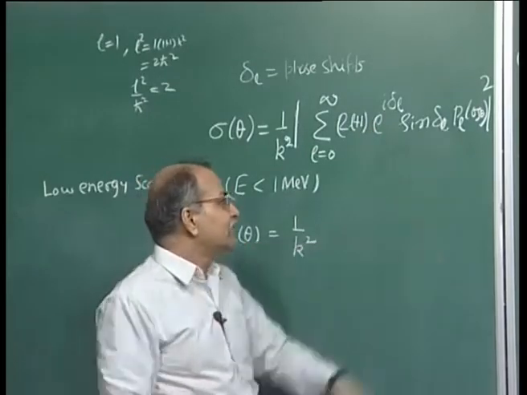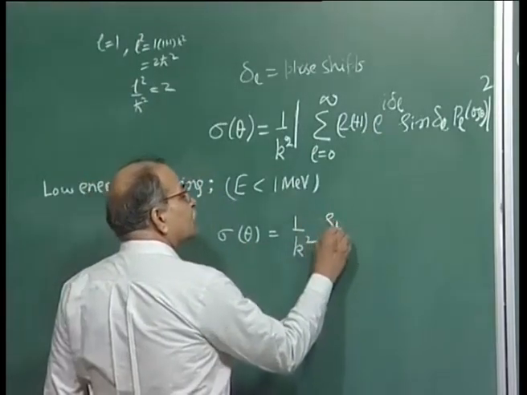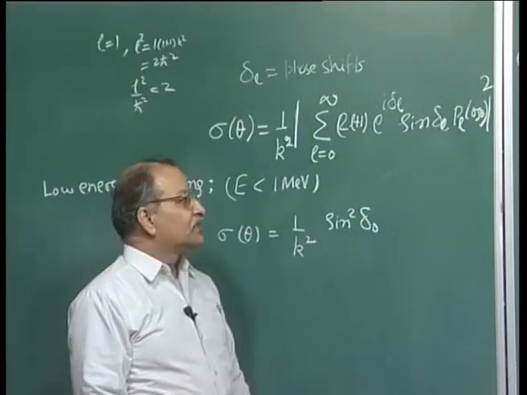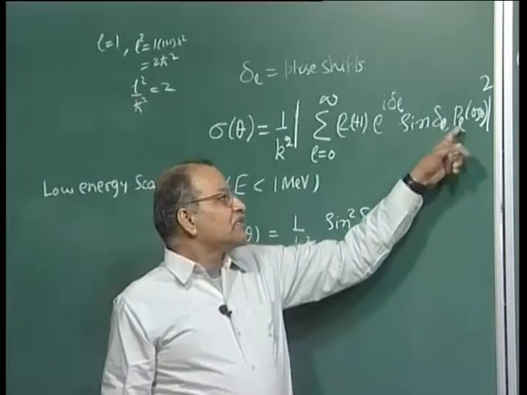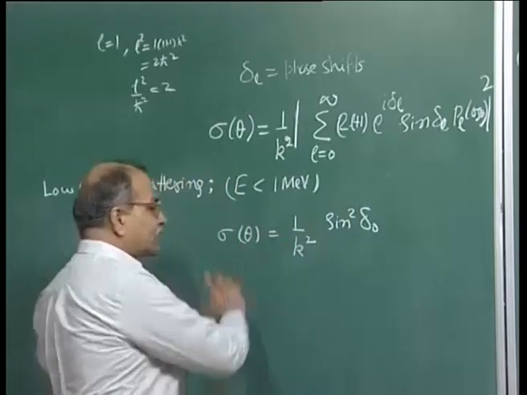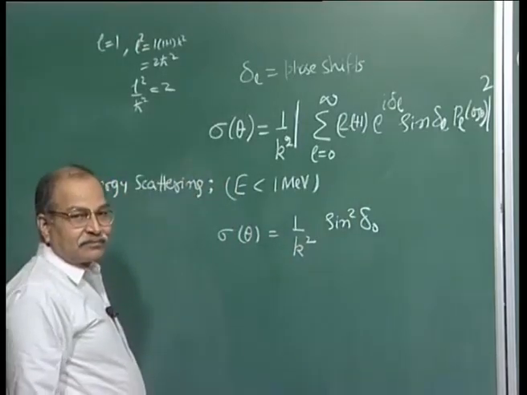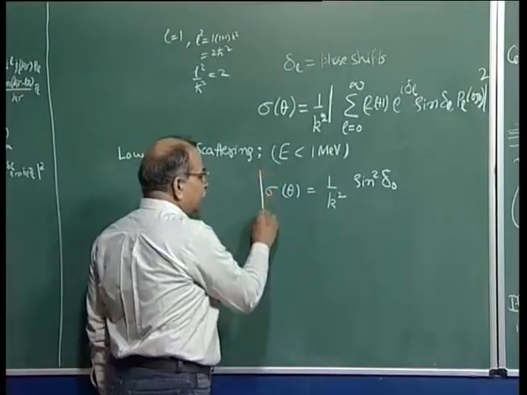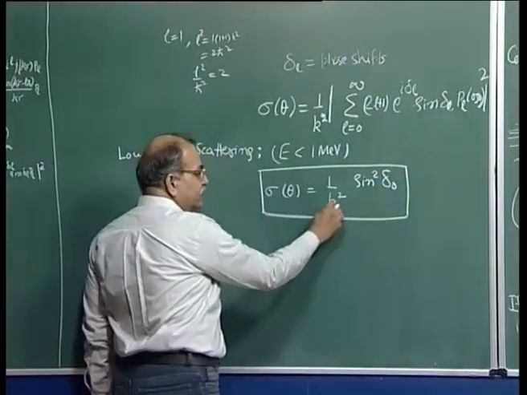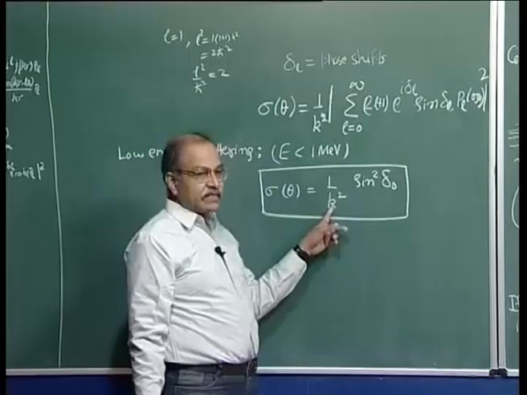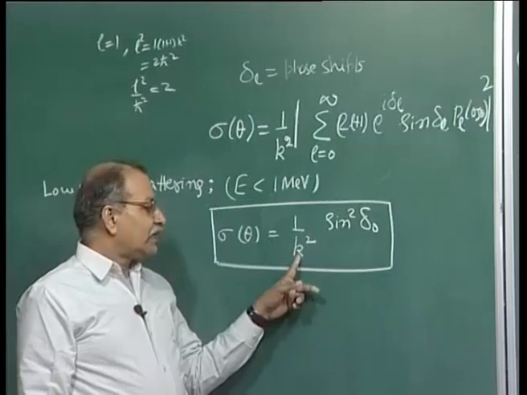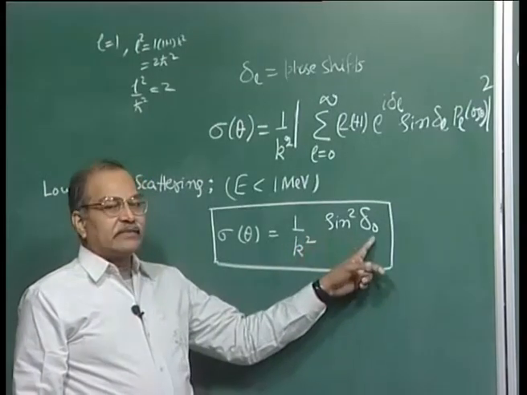So, sin square delta L, sin square delta 0, and for L equal to 0, that first Legendre polynomial is 1. So, this is also 1. So, that is it. This differential cross section will be obtained just 1 by k square. This k is related to kinetic energy, square root of 2 m E by h cross square, and then sin square delta 0.